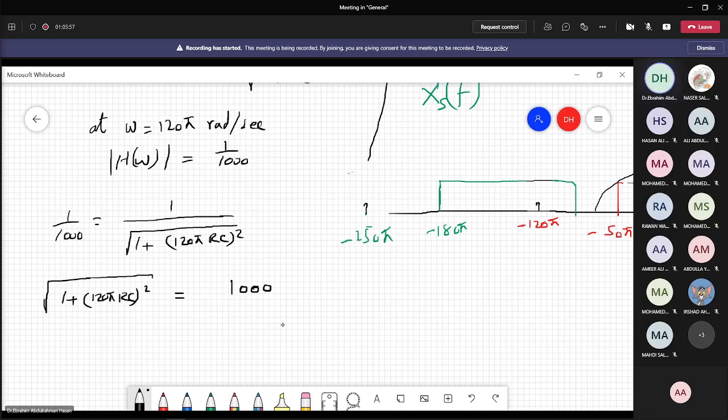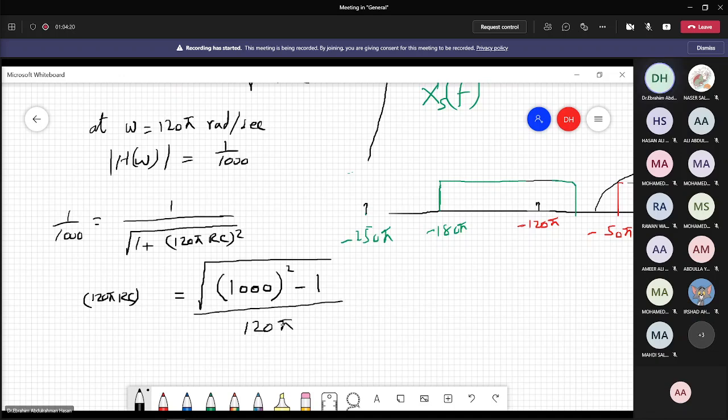If you square both sides, this becomes a square and you can remove the root. Then take minus 1 here, then take the root of both sides, so this cancels the root. Divided by omega, which is 120 pi, here you will get RC.